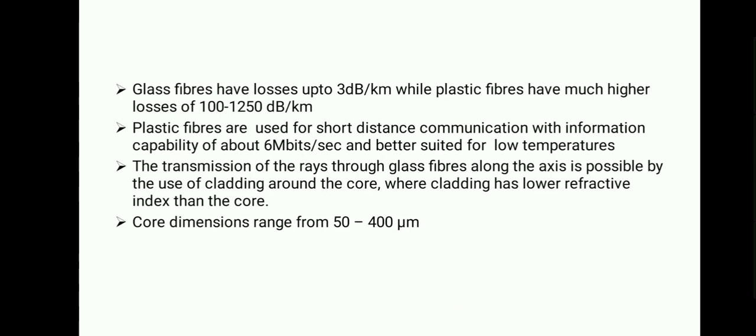As we saw in the previous diagram, the transmission of the rays is possible through the glass fibers because the cladding has a lower refractive index than the core, and due to this property, all the light that is projected inside the fiber touches the cladding and then undergoes total internal reflection. And the core dimensions can range anywhere between 50 to 400 micrometers.